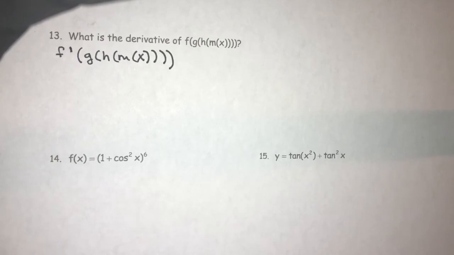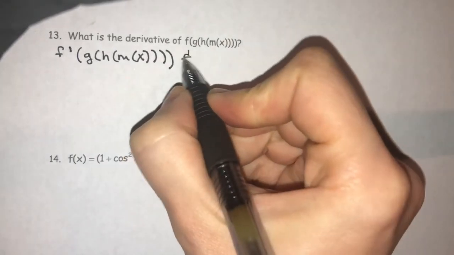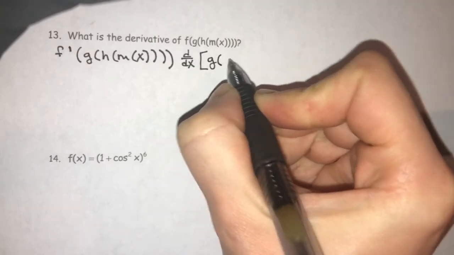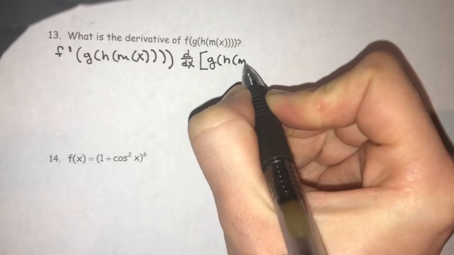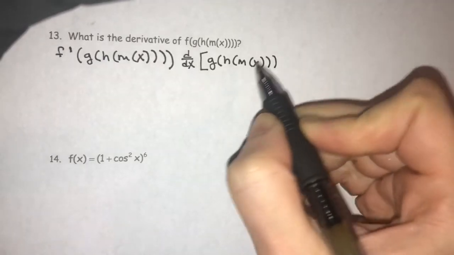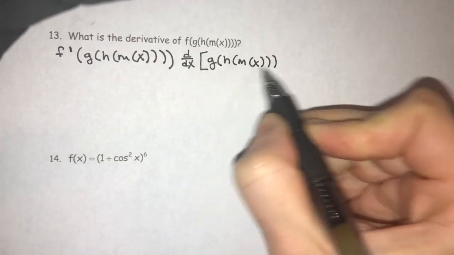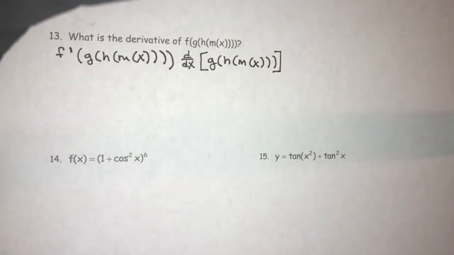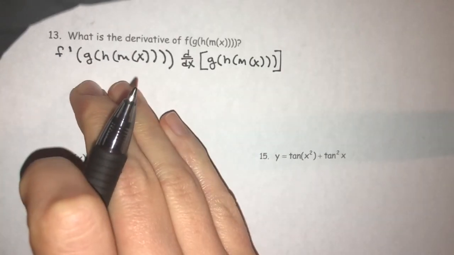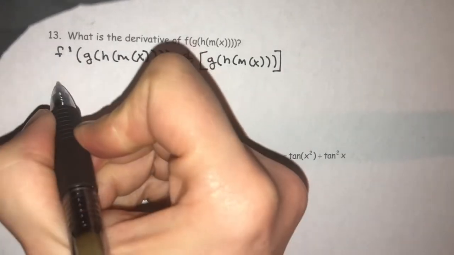And then we have to multiply times the derivative of the inside function. 1, 2, 3. Make sure all my parentheses are closed properly. There we go. Okay, now everything that's in front is just staying in front. Nothing in front will be altered or changed in any way.